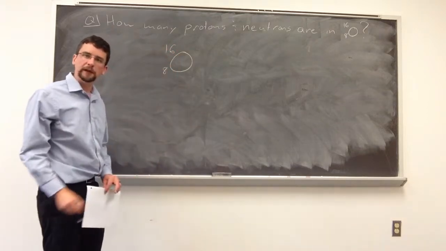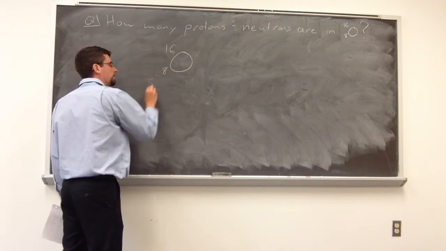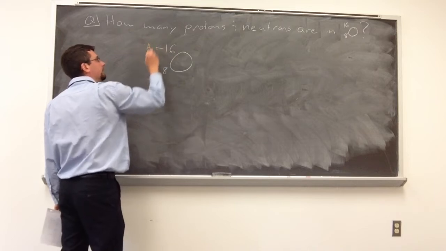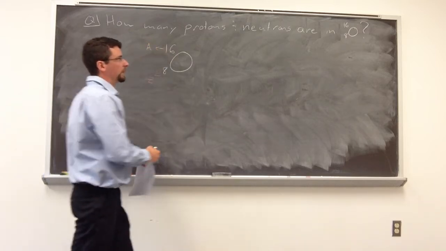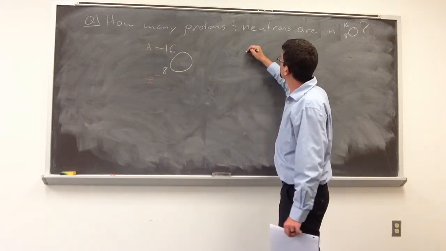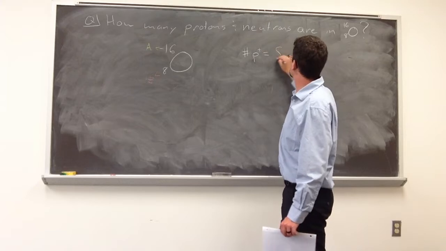We know its atomic number. Its atomic number is right down here. Its mass number, 16, is up top. So we already know the number of protons quite easily by just looking at the atomic number. So number of protons, we're going to shorten that to P plus, is equal to 8.